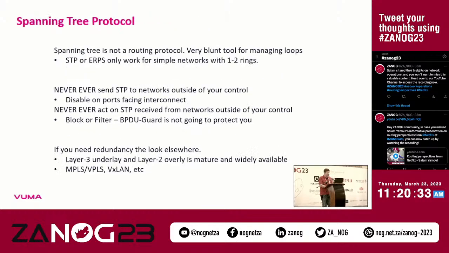Another one I've seen is spanning tree protocol. Spanning tree is very old. The people who designed spanning tree have said it's very old and it's not really suitable for today's requirements. It's a very blunt tool for managing networks. I've only seen it work really well in extremely simple networks that either have one single ring or maybe a ring with a little sub-ring on it.